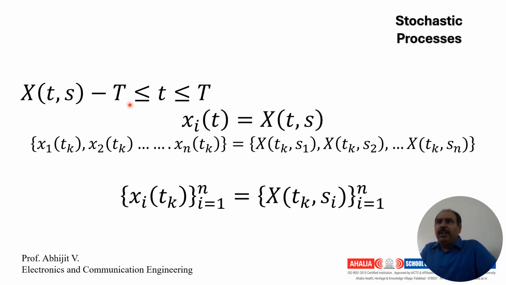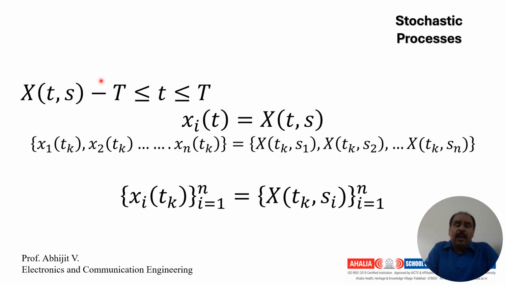So let us consider the random variable X(t) to have a time period capital T. That means that small t is something that is between minus capital T and plus capital T. So here this is minus capital T and plus capital T. This is the range of the stochastic variable.